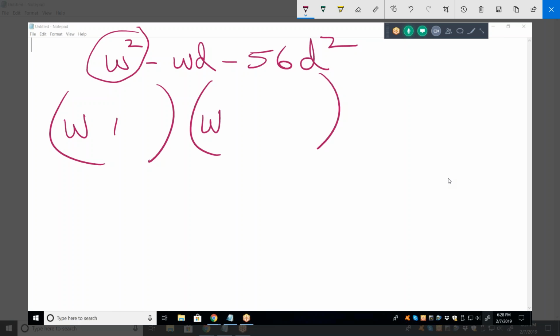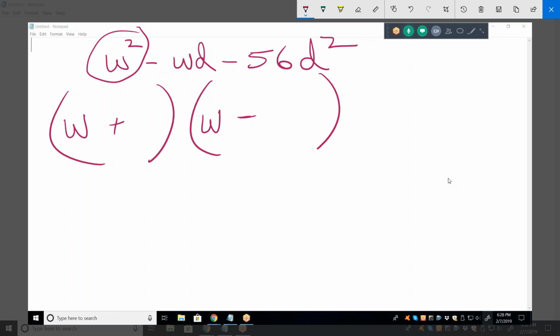Exactly. It's plus minus. Now, because I have w and w, it does not matter whether I put plus minus or minus plus. If I had 2w times 3w, then it would matter, and I would have to allow for both situations. Okay?